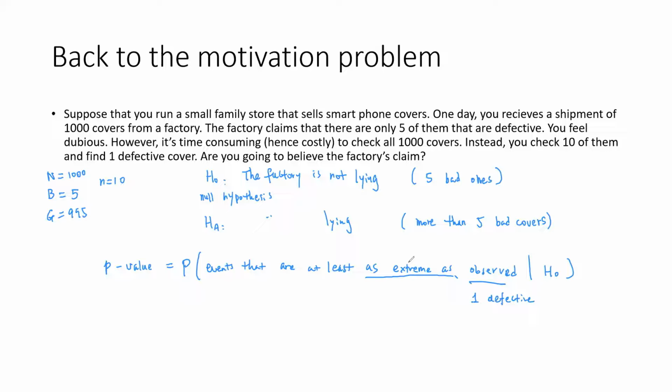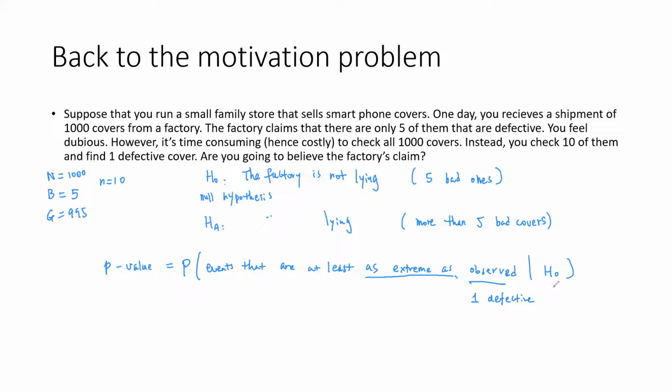So extreme is against H0. Use the at least as extreme as observed. You observed one defective, and 2 defective ones would also be more extreme than 1, so at least as extreme as 1 defective. So 2, 3, 4, 5, all these will be considered as extreme events.